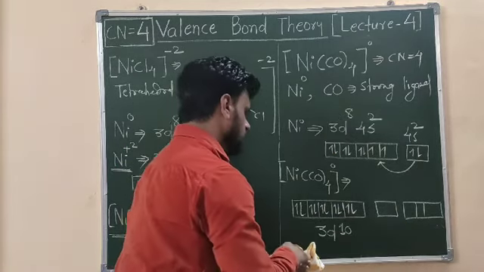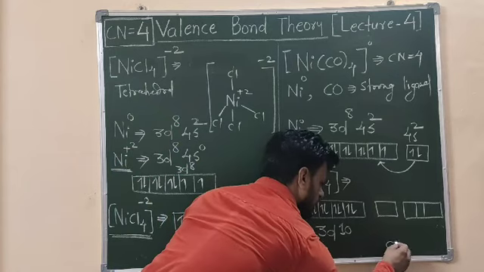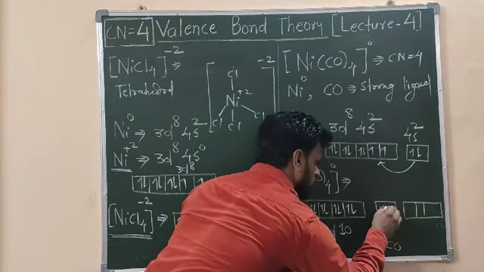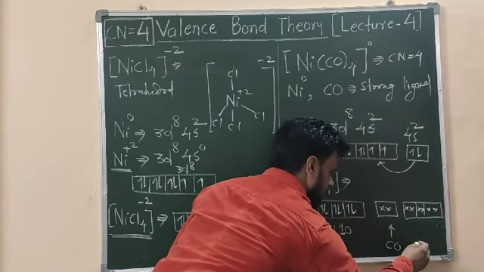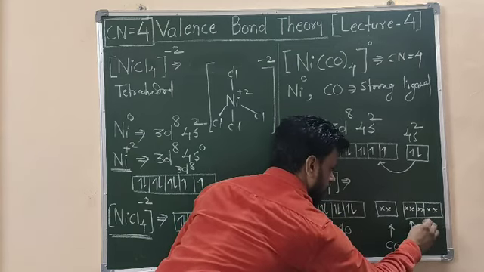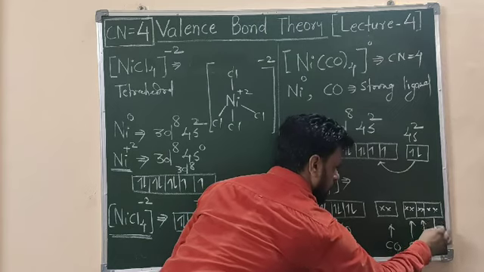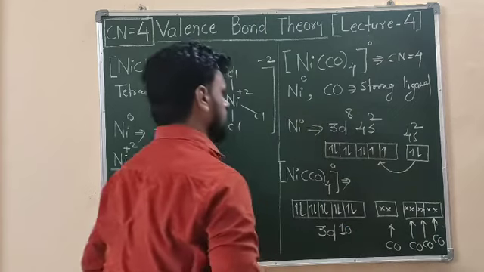We know CO is a neutral ligand and it will give 2 electrons. I am writing here 2 electrons from each CO ligand, and this is the nature of the bonding.